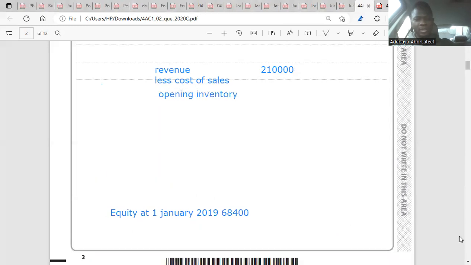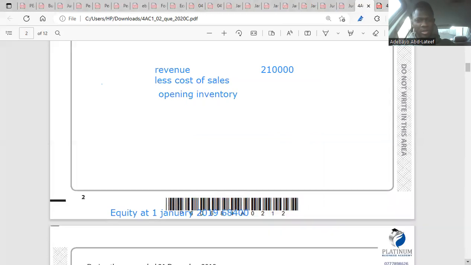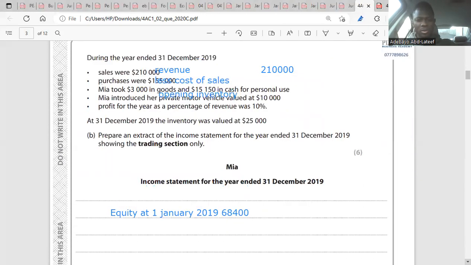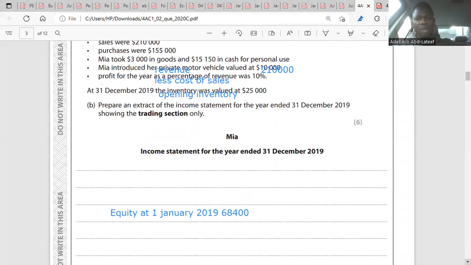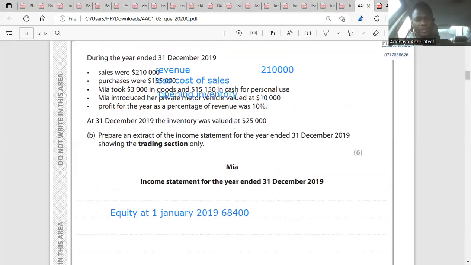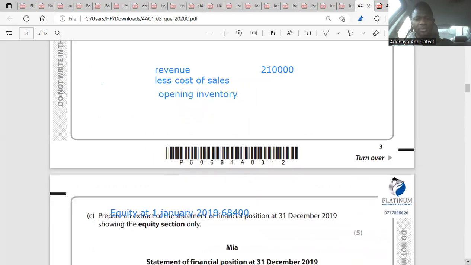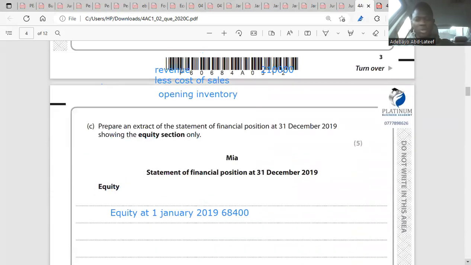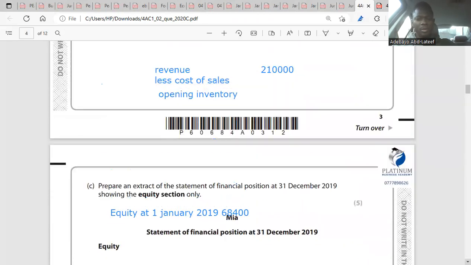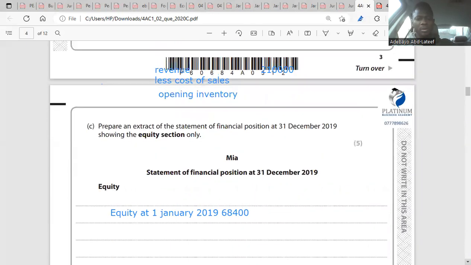You add this to the 10,000 here. There's 10,000 here, right? Yes. So you add it with 68,400. So our total equity becomes 78,400. Are you with me? Yeah, right. 78,400.